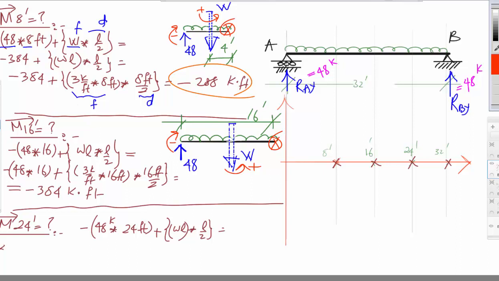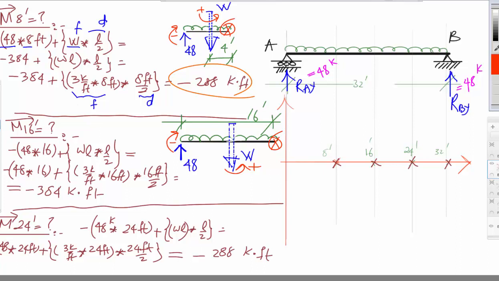So minus 48 multiplied by 24, plus we have 3 kip per foot multiplied by 24 feet multiplied by 24 feet divided by 2, is equal to minus 288 kip foot.